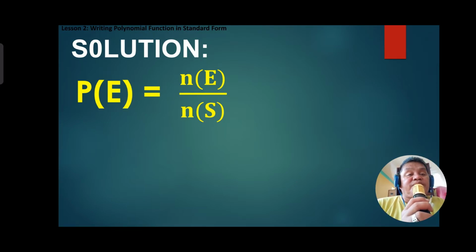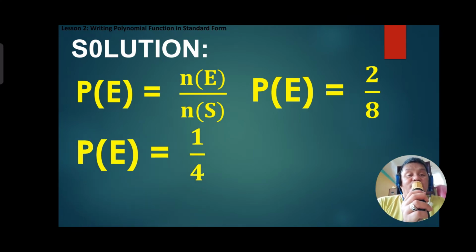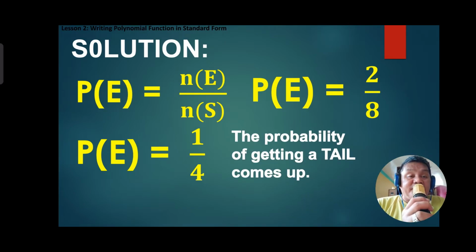So this will be 2 over 8, where the number of outcomes in the event is 2 and the number of outcomes in the sample space is equal to 8. You're going to reduce 2 over 8. Again, the probability of getting a tail comes up is equal to 1/4. This is now the probability of getting a tail comes up.